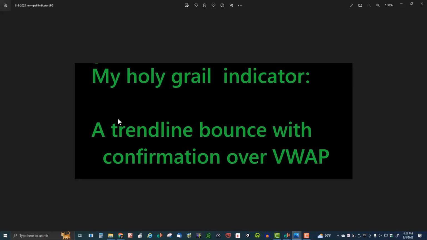In other words, I have a trend line in, and price bounces at the trend line, and price is moving in the same direction that I want it to, and it's a 30-minute trend over VWAP. So that's my holy grail indicator. I love to find stocks that bounce right at the trend line.